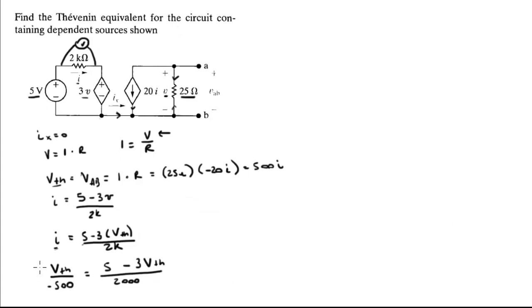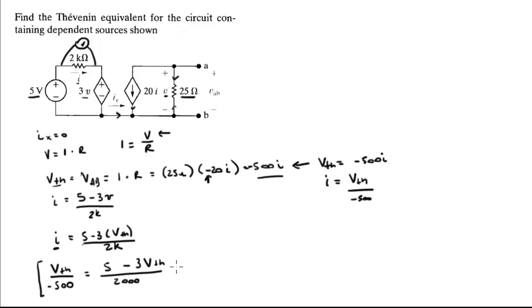Now this Thevenin over minus 500 came from right here. This is actually minus 500, so don't forget this minus right here. This equation tells you that Thevenin is equal to minus 500I. Therefore, I is equal to Thevenin over minus 500, and that's what I replaced this I right here with, in case you're wondering.